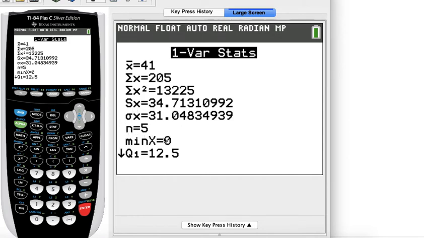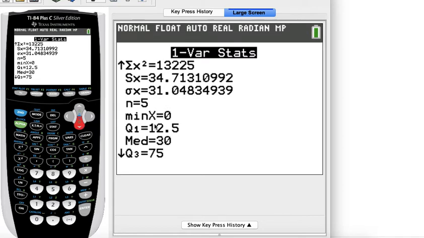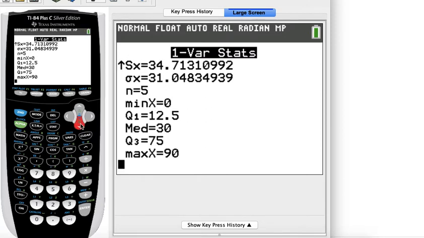But if you continue, I also have more information. I have 0 as the minimum, our 12.5 quartile 1, median is 30, quartile 3 is 75, and the max is 90. So it's calculating our 5-number summary here for us as well. As we move into more lessons about describing our data, one variable stats is going to be really important because it'll give us that quick snapshot of our data.